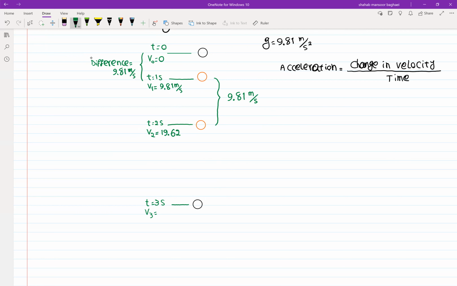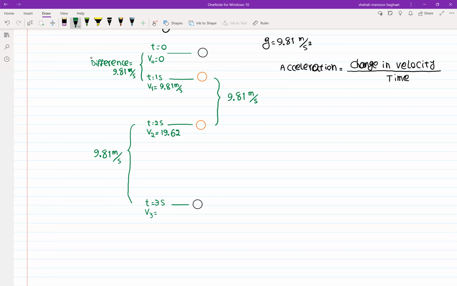Again, you can recall the acceleration definition. The change in velocity for this time interval here should be 9.81 meter per second. If this difference is 9.81, what is V3 here?